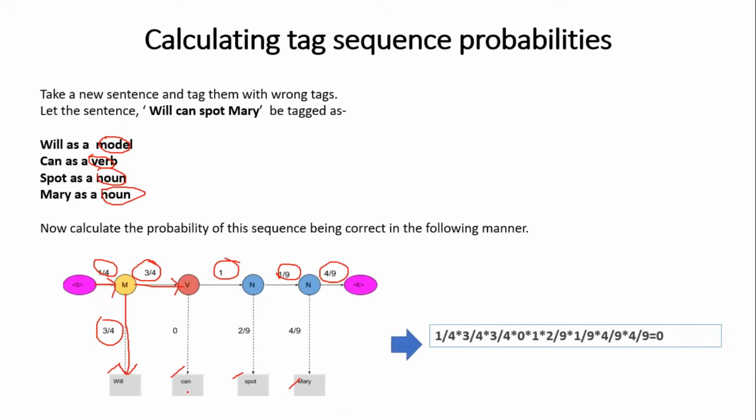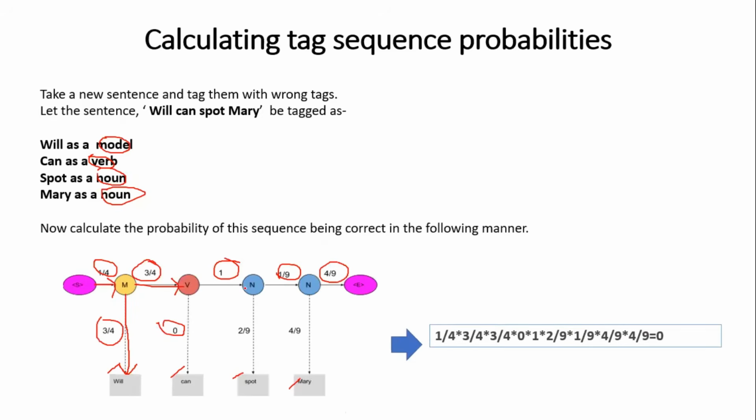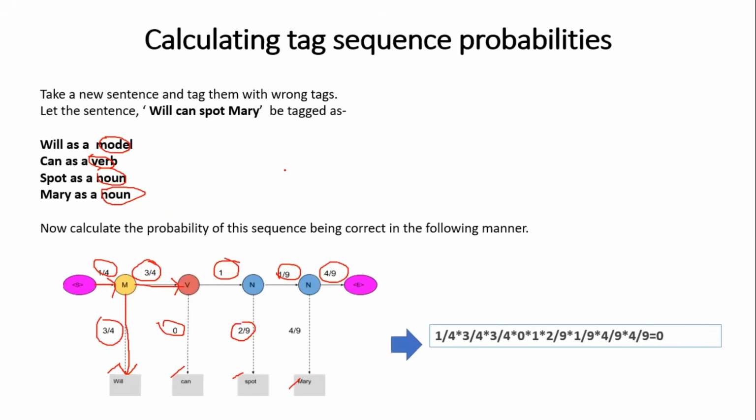How many times can appeared as verb? That is 0. How many times Spot appeared as noun? Go to the table, check Spot appeared as noun. That gives you 2 by 9. Next, check how many times Mary appeared as noun. Total it is 4 by 9.